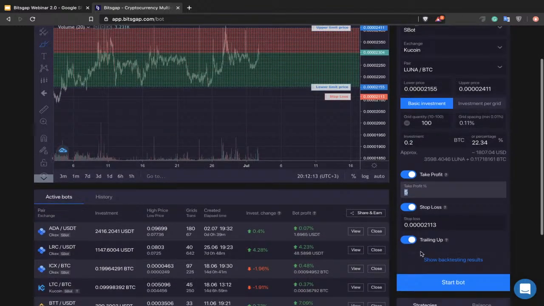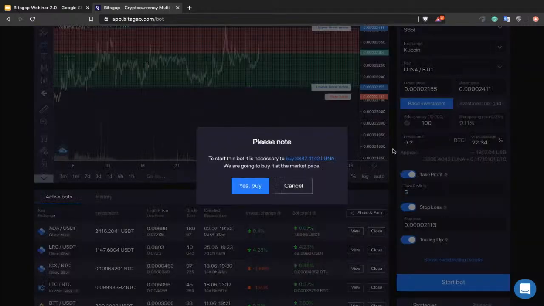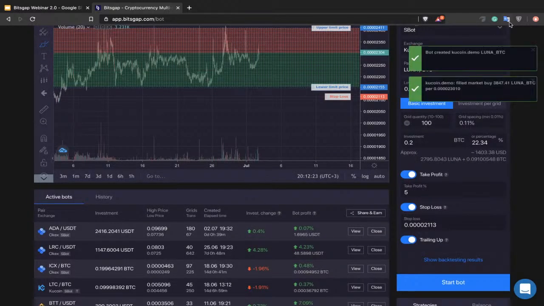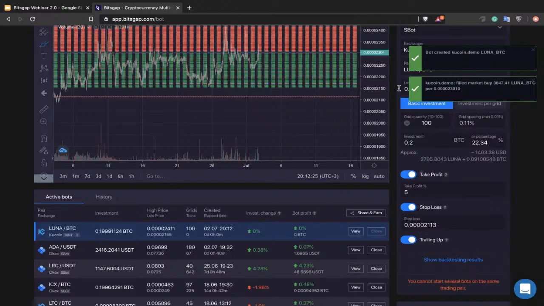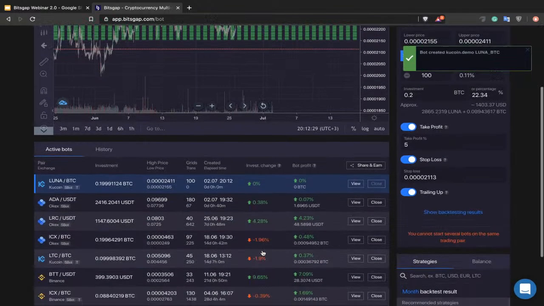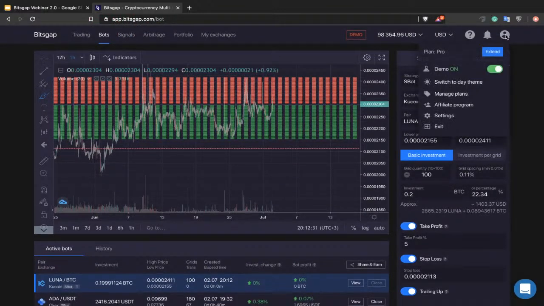So let's place the trade. It is telling me to buy this amount of Luna to initiate the trade. Yes, I will go for this. And here we go. The bot is now here and we can trade. Notice that all of these active bots are on my demo trading account.